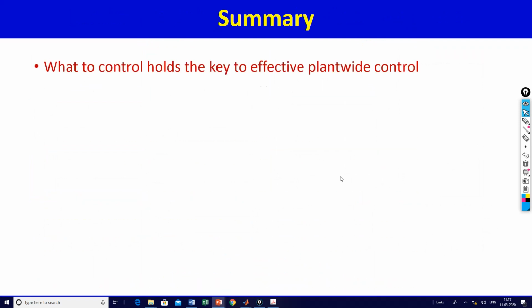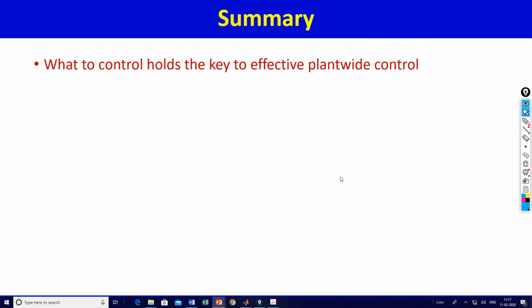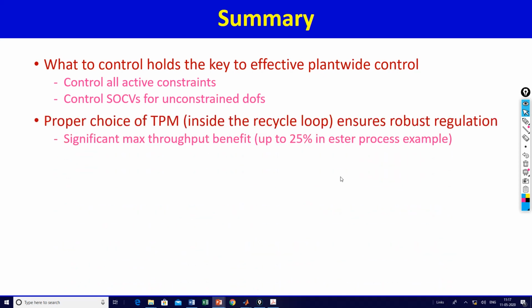So in summary, what we have shown is that what to control holds the key to effective plant-wide control, and what to control is primarily determined by economics. Control all active constraints, and control those magic process variables called self-optimizing control variables for unconstrained degrees of freedom.